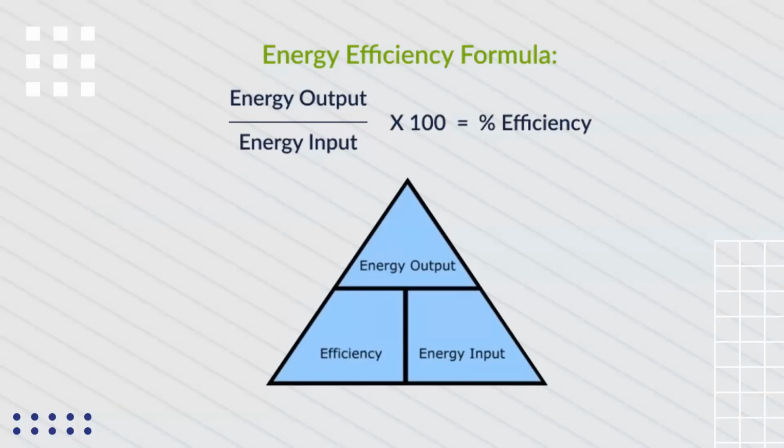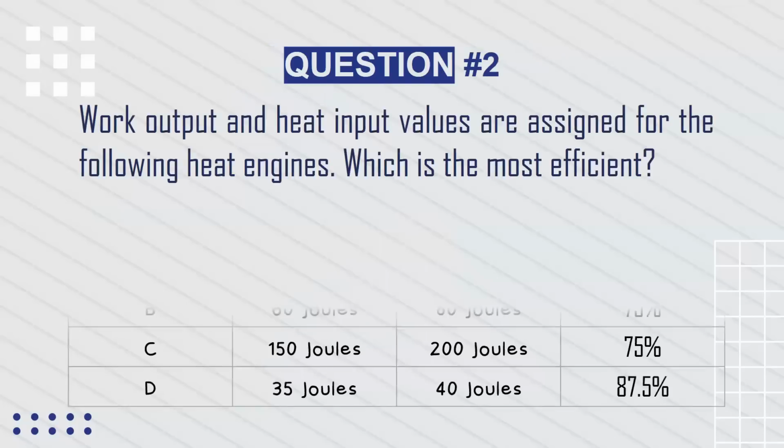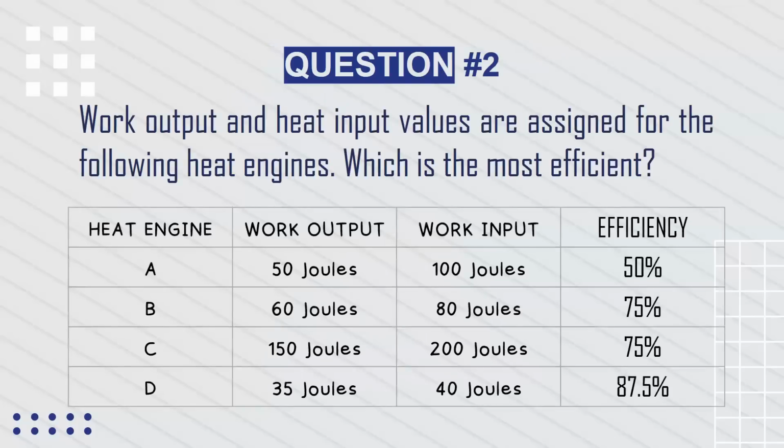So, going back to our problem, we are looking for the highest percentage efficiency. To get that, all you have to do is divide the energy output by the energy input and multiply it by 100.